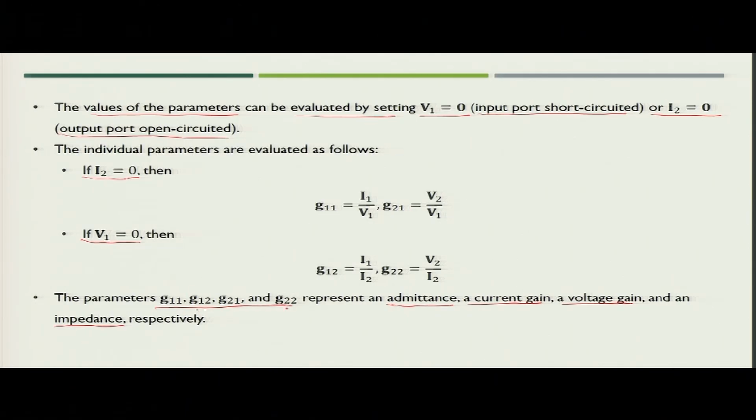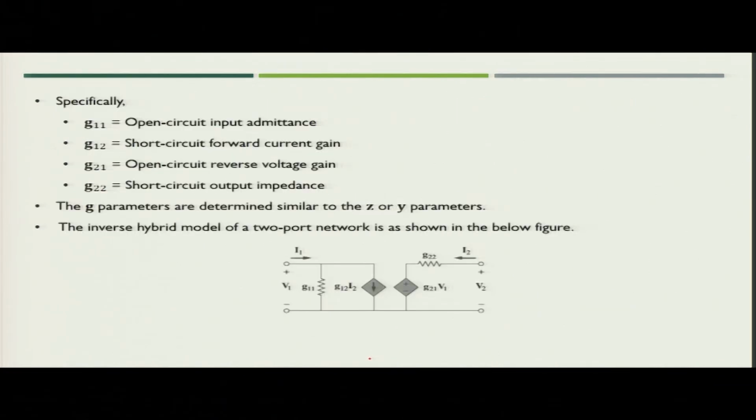So, here you see the parameters are opposite to what we had in case of H parameters. Now, you can say that G11 is open circuit input admittance, G12 is short circuit forward current gain, G21 is open circuit reverse voltage gain and G22 is short circuit output impedance.